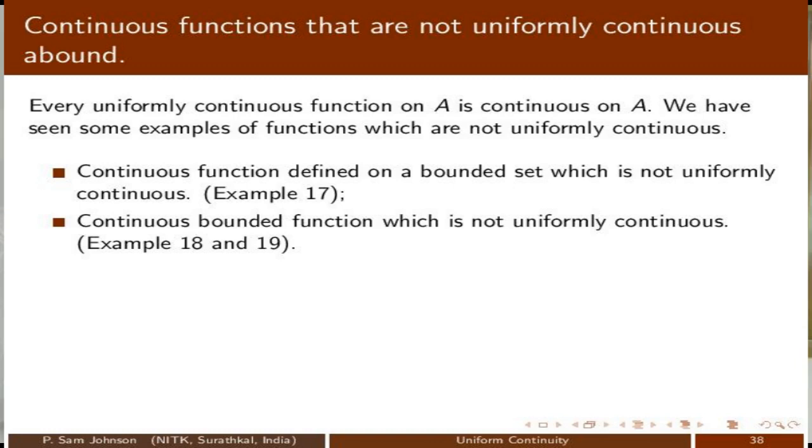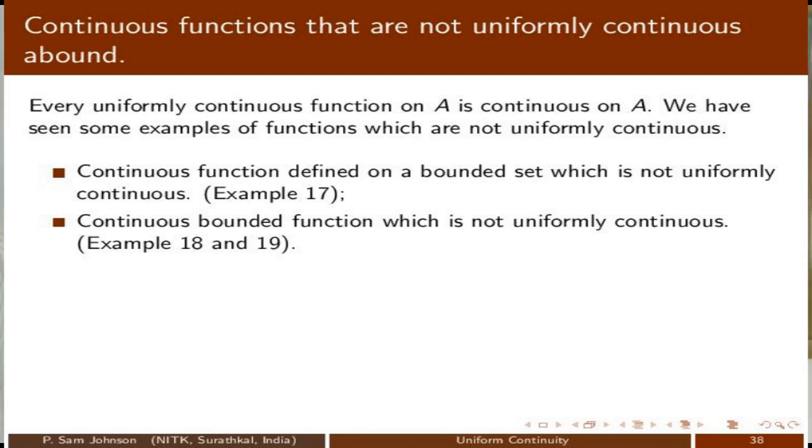So, if you want to construct a function which is continuous but not uniformly continuous, you need to go for non-compact sets. You need to check on non-compact sets whether such an example is possible or not.